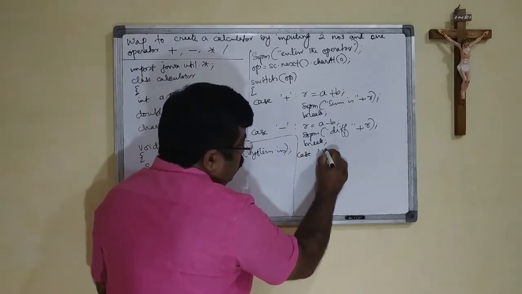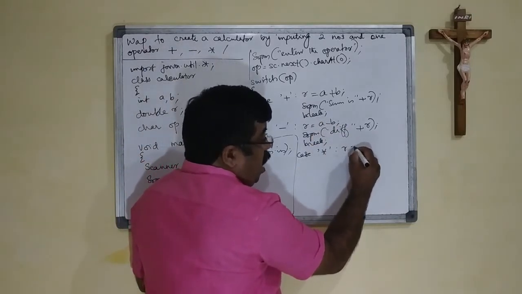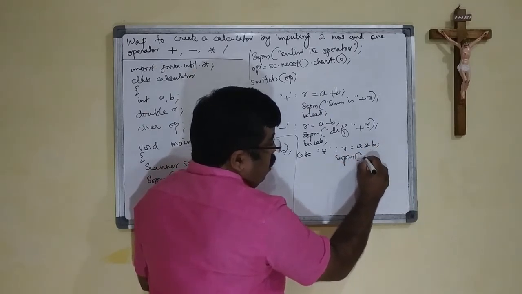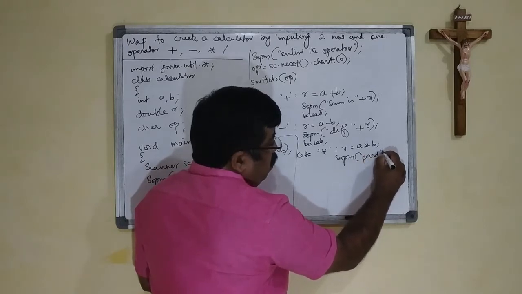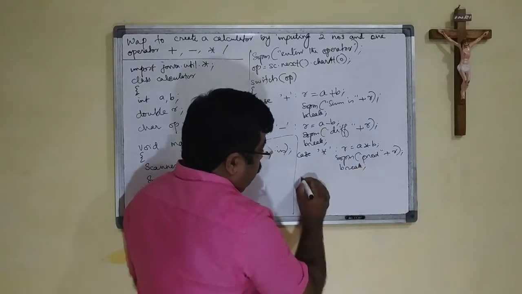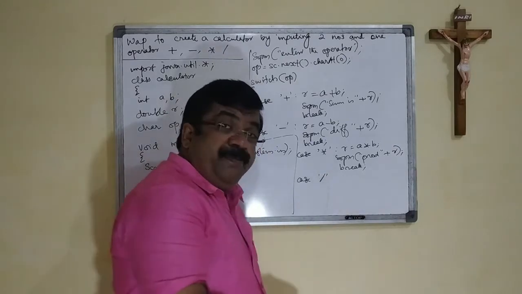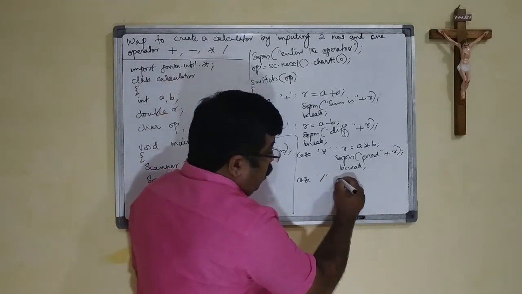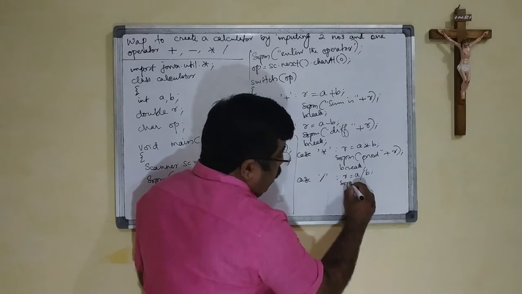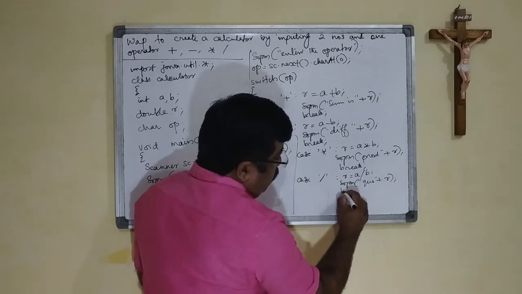Then case star, this is for multiplication. Same way, R is equal to A into B. SOPLN, the product is plus R. Break. Case slash, it is used for division. We give R is equal to A divided by B. SOPLN, quotient is plus R. Break.